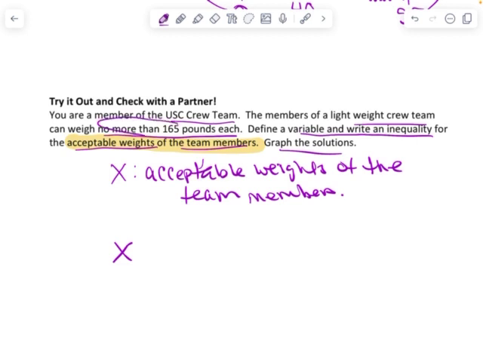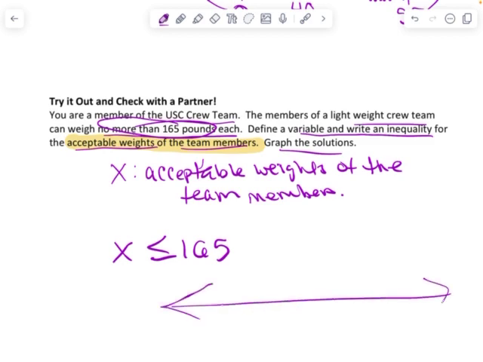All right, so let's talk about what is acceptable. They can weigh no more than 165 pounds each. So can they weigh 170? No. They can weigh no more than 165. Can they weigh 165?